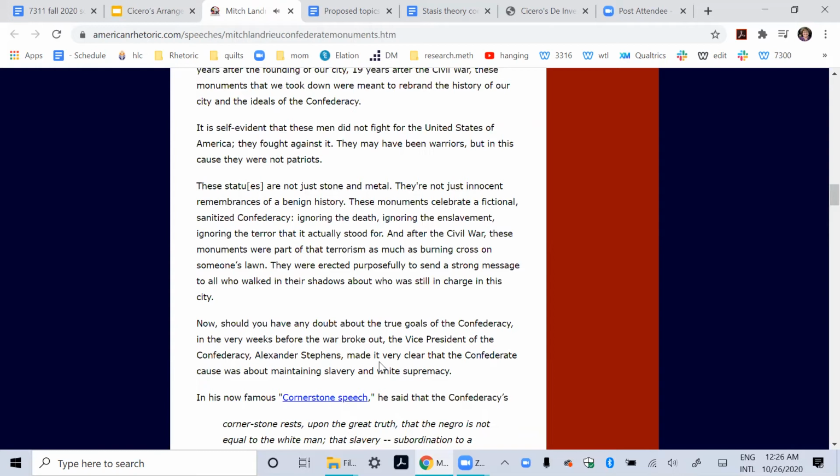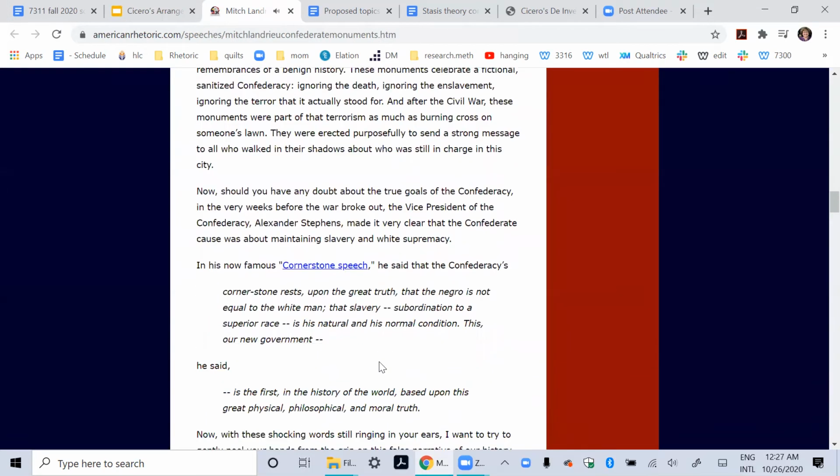In his now famous cornerstone speech, he said that the Confederacy's cornerstone rests upon the great truth that the Negro is not equal to the white man, that slavery, subordination to a superior race, is his natural and his normal condition. This, our new government, he said, is the first in the history of the world based upon this great physical, philosophical, and moral truth.